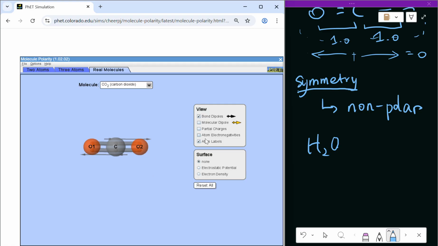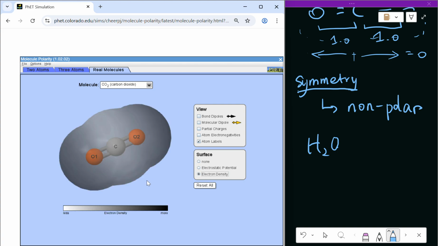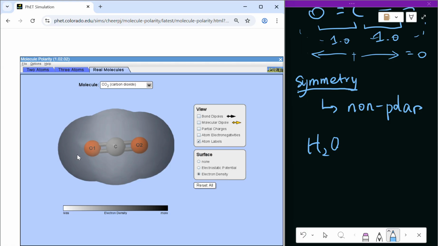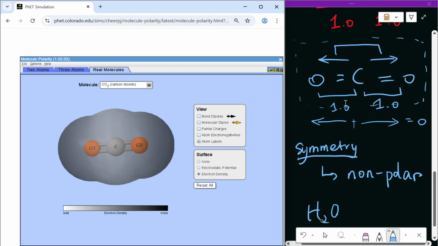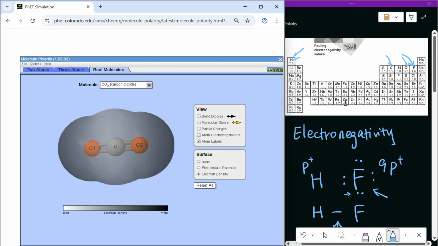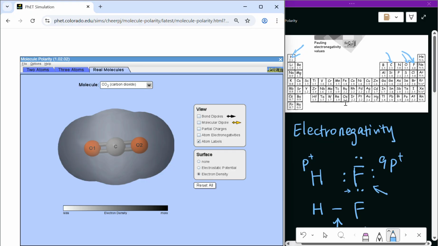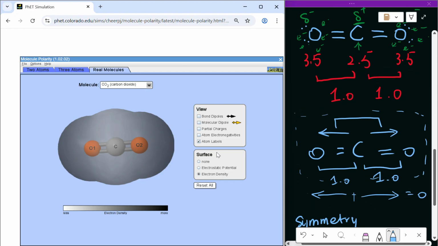So we would have this as the molecule. And if we pull out the electron density, we would clearly see that the color is darker on both sides, which means that electrons are more likely to stay on the two sides. And this is also reflected in the electronegativity grading here.